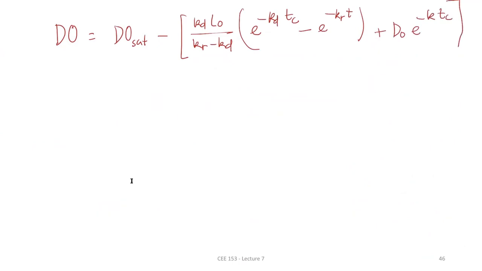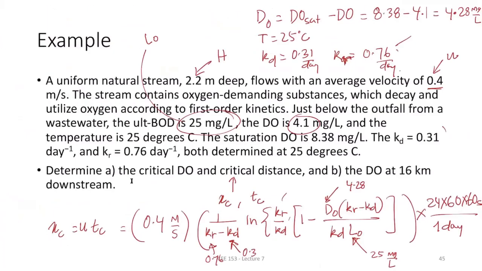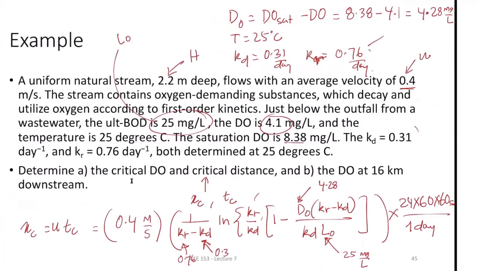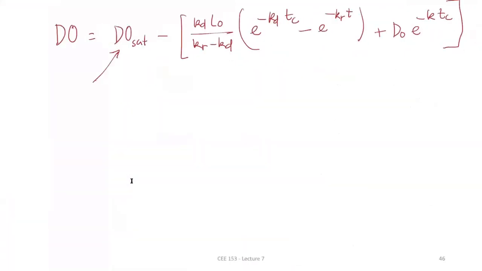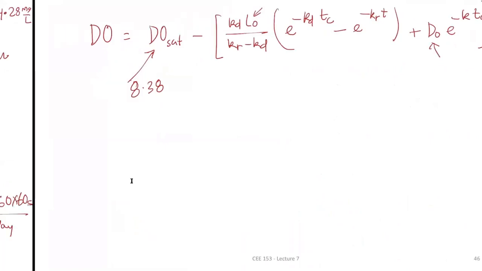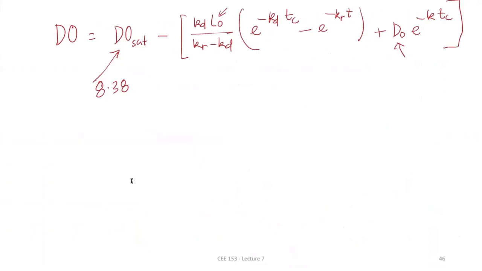Again, DO saturation is given, which is 8.38. You know all these terms. L0 is given, and D0 you calculated, that's 4.28. L0 is 25 milligram per liter.